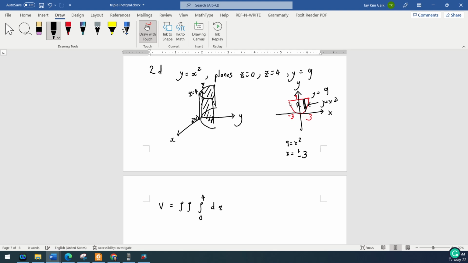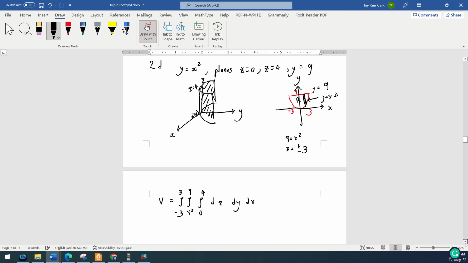So x is bounded from negative 3 to positive 3. That's why dx is outside, because the constant is normally the outermost integral. Or we can view this region R using vertical bar, then you use dy dx. So the lower limit of y is the lower curve, which is y equals x squared until y equals 9.